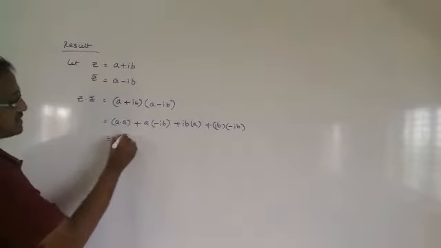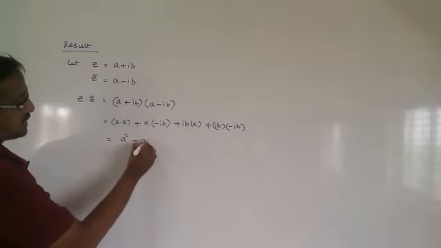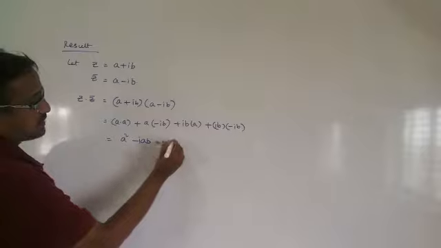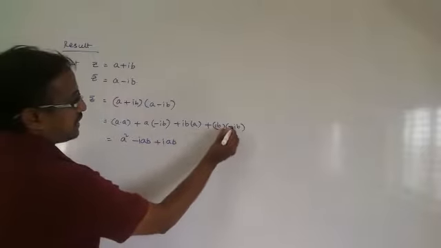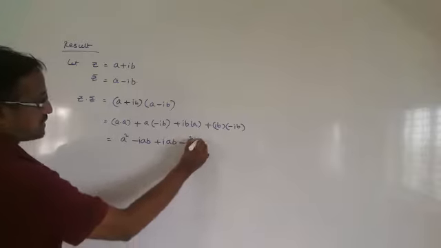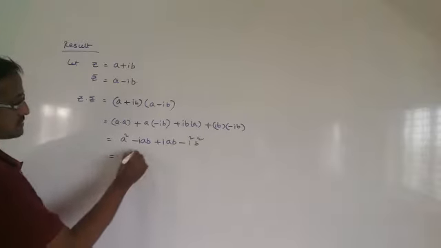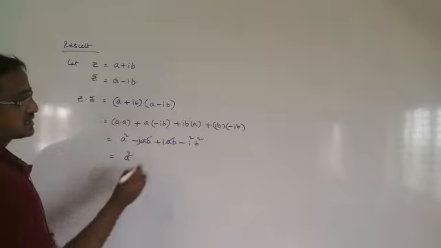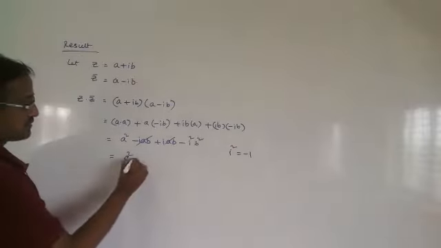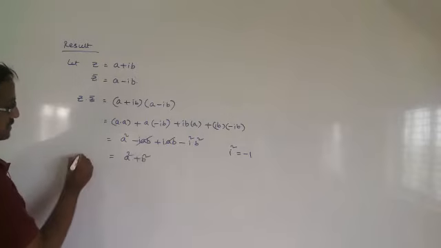Now you can see a square minus iab plus iab. Now i into i is i square, so minus i square b square. So a square, these two terms are cancelled, and we have i square is equal to minus 1. So it will be plus b square.